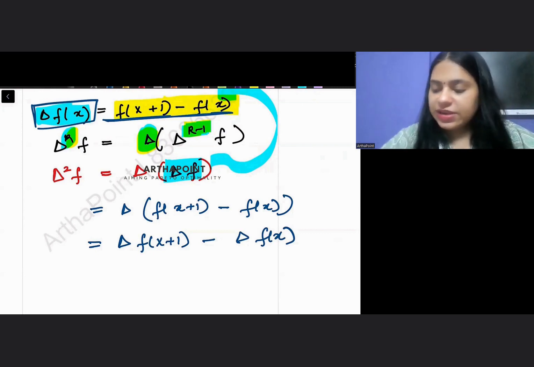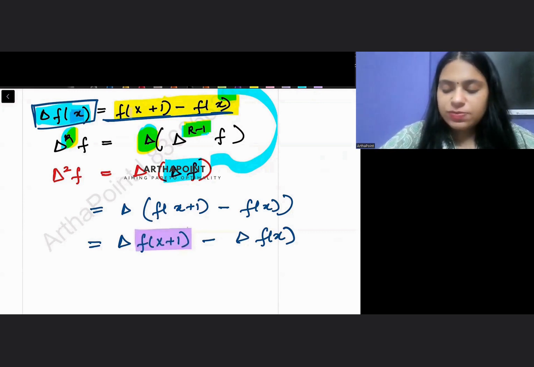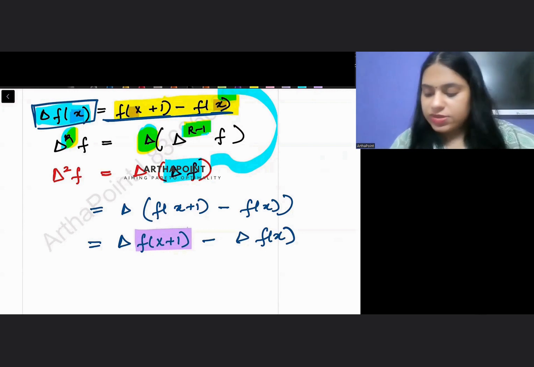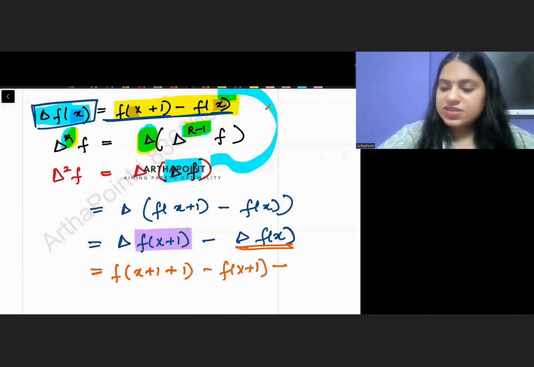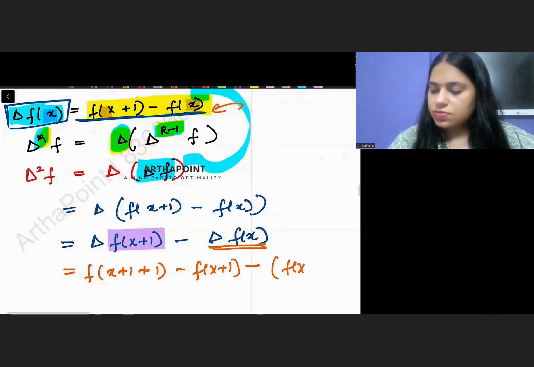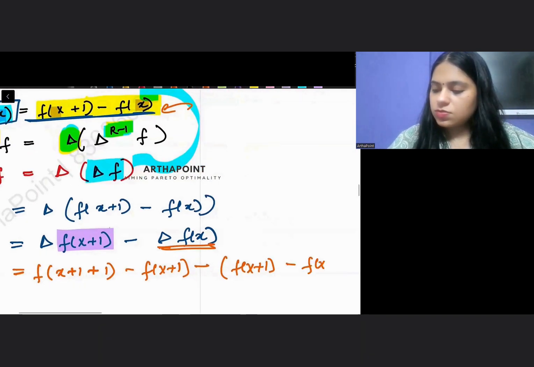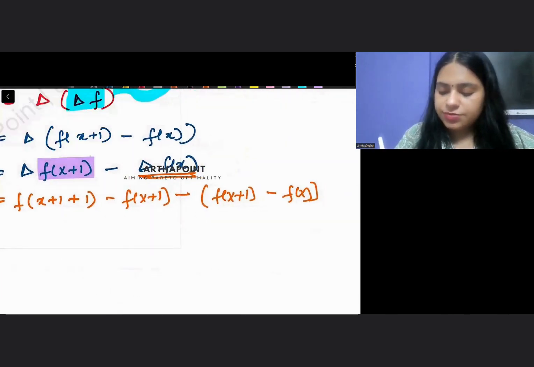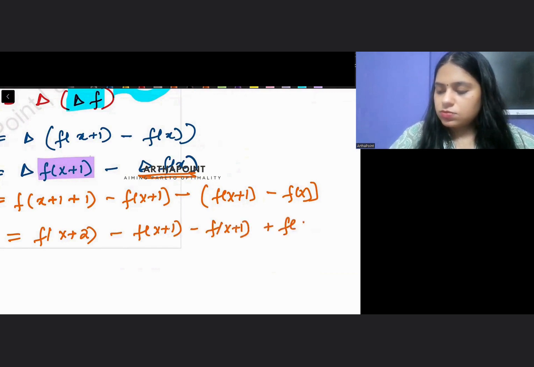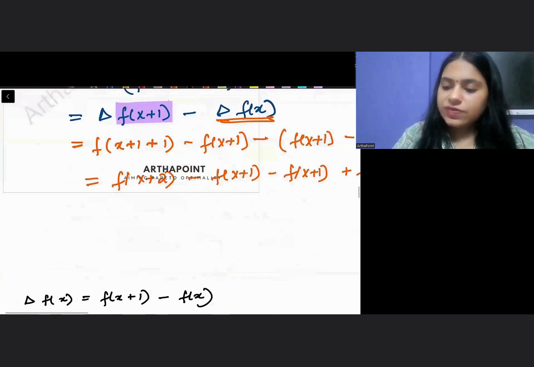So if I have to find the derivative of f of x plus 1, that means instead of x, I have to replace everywhere with x plus 1. So what will this give me? And the derivative of f of x is given to me like this. So this will give me this. So what will I get?